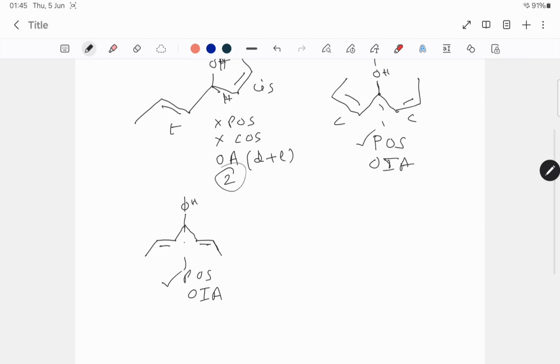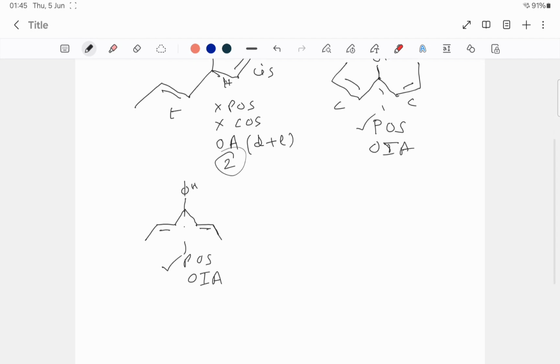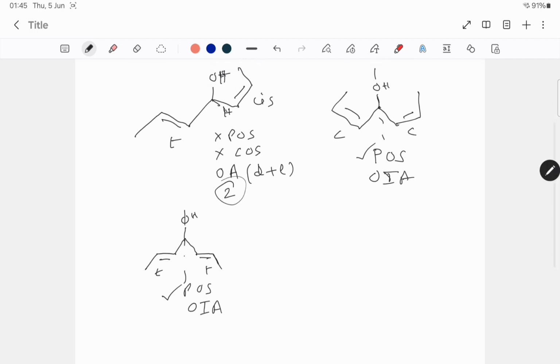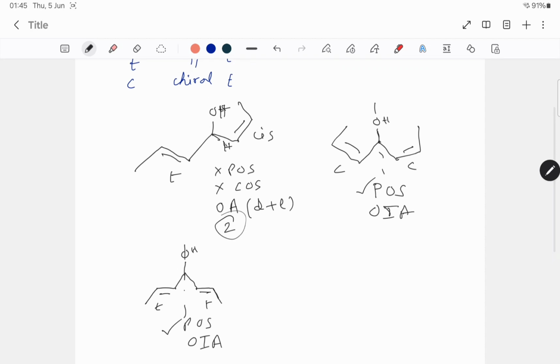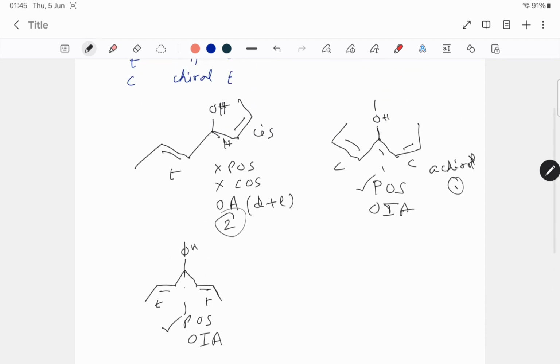So total number of stereoisomers, we have covered all the portions: cis, trans, and trans. So trans and cis with the chiral carbon that is optically active, there are two stereoisomers. Cis, not chiral. This is an achiral molecule. So there is one stereoisomer. After all, this is a geometrical isomer.